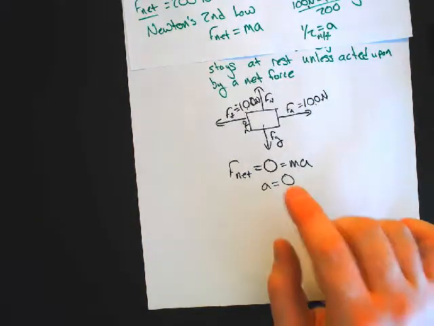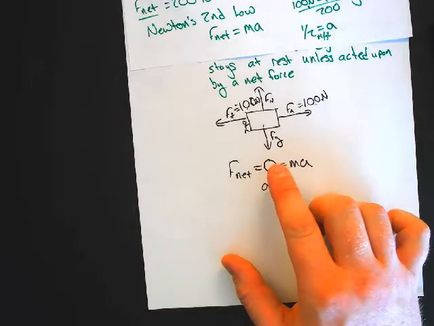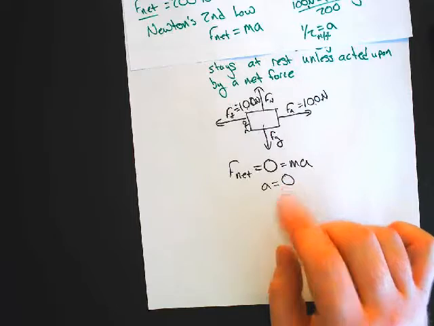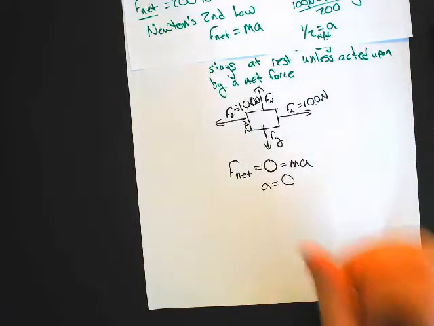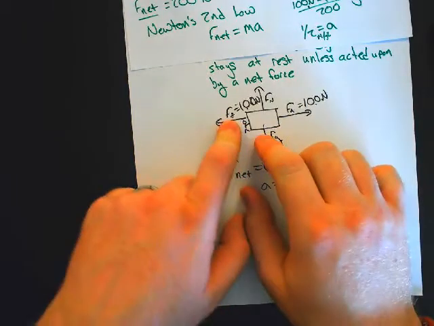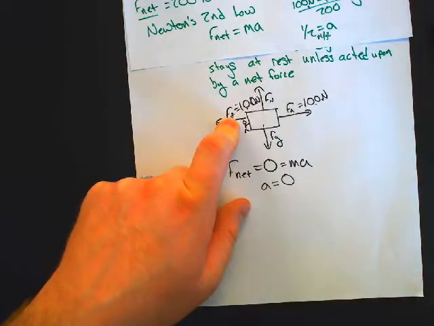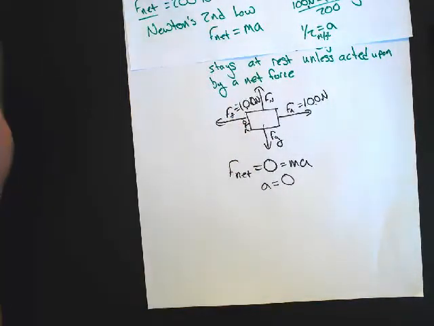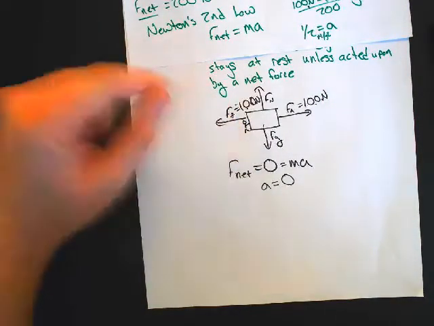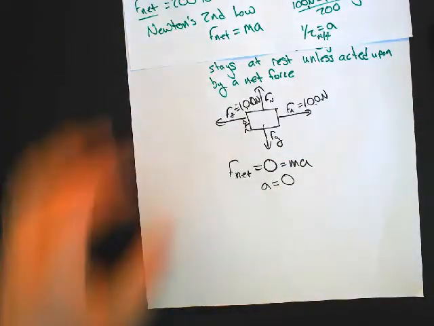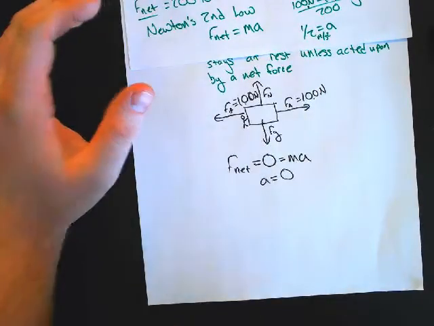So it could be stationary. Maybe it's not moving, but that's right. Maybe it's moving at a constant speed. So we don't have enough information to say what's going on. If you told me it was static friction, yeah, it would be stationary. If you told me that it was kinetic friction, no, it's moving. Okay? But without knowing that other piece of detail, we don't know if this is stationary or moving at a constant speed.